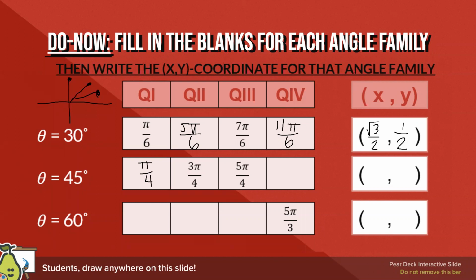So in quadrant 1, that is 1 pi over 4. 2 pi over 4 reduces. 3 pi over 4 is in quadrant 2. 4 pi over 4 reduces to just pi. 5 pi over 4 is our radian measure in quadrant 3. 6 pi over 4 reduces, but lastly, 7 pi over 4 is our radian value in quadrant 4.